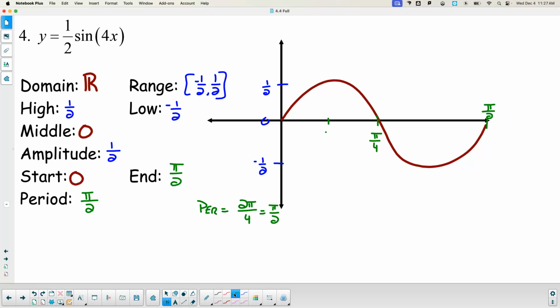Half of pi over 4 is pi over 8. Average of pi over 4 and pi over 2 is 3 pi over 8. Oops, I forgot. Questions, comments, concerns, clarifications?